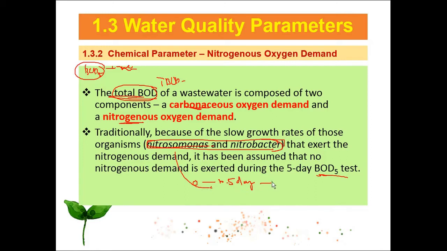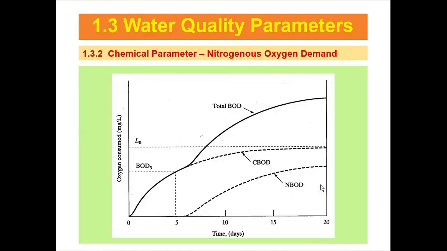After that, they start to degrade the organic matter. So the nitrogenous and carbonaceous are added together and you get the total BOD. The BOD5 that you measure is only the BOD. After a certain time, the organic matter will be degraded by the carbonaceous and also the nitrogenous.